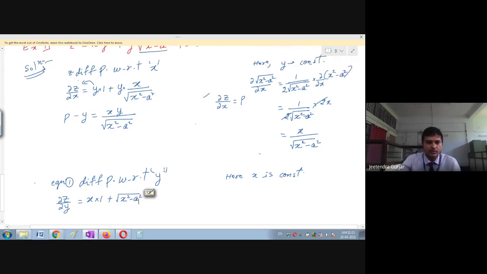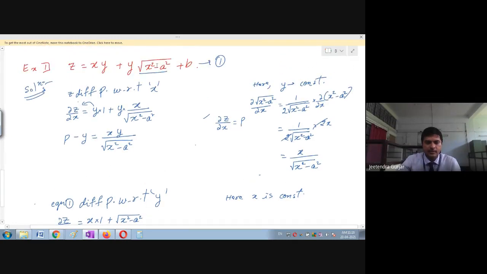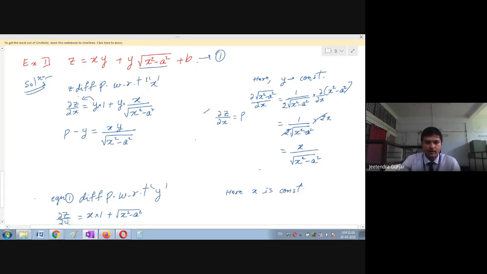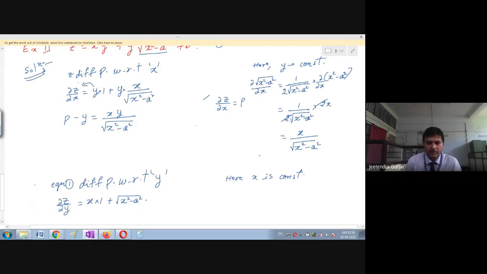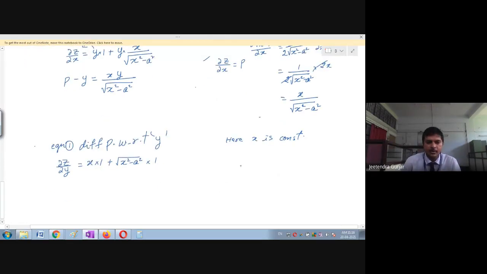You can see in the question, x square minus a square remains constant because y we are going to differentiate partially. So y is our independent variable, so the derivative of y is 1. Again plus b we have. What is b? B is constant, therefore it is 0. Okay, this is all you have to remember.